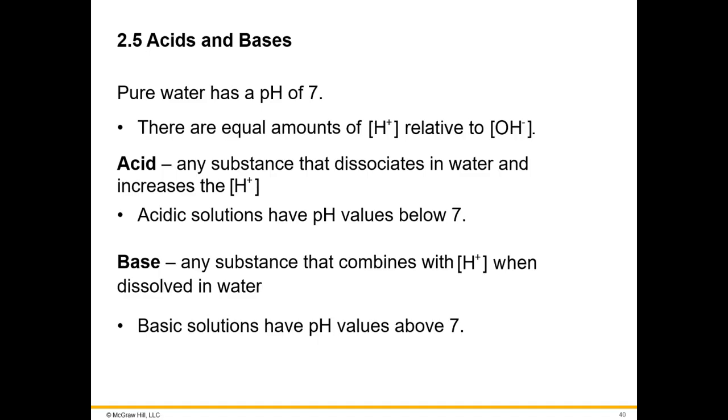And any substance that's going to dissociate in water and increase the amount of hydrogen ions is going to be acidic. So these acidic solutions will have pH values below 7, 7 down to 0. Those are acids. Our bases are any substance that is going to combine with hydrogen ions when dissolved in water. Basic solutions are always going to have a pH value above 7, so from 7 to 14.